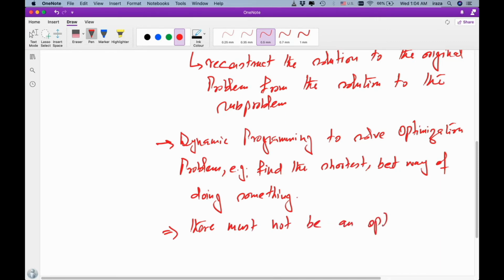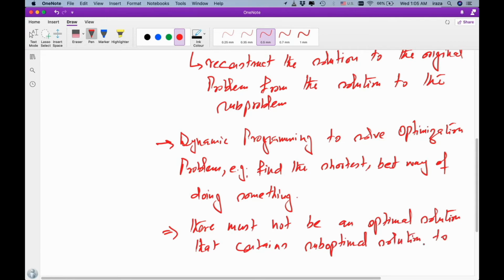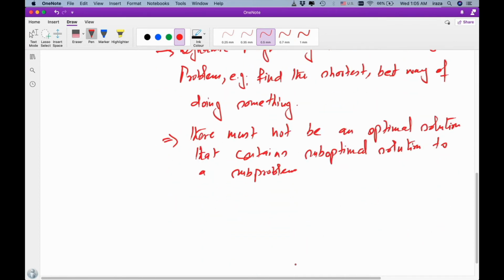So the solution of the subproblem has to be optimal also in order to have the optimal solution of the problem, right?